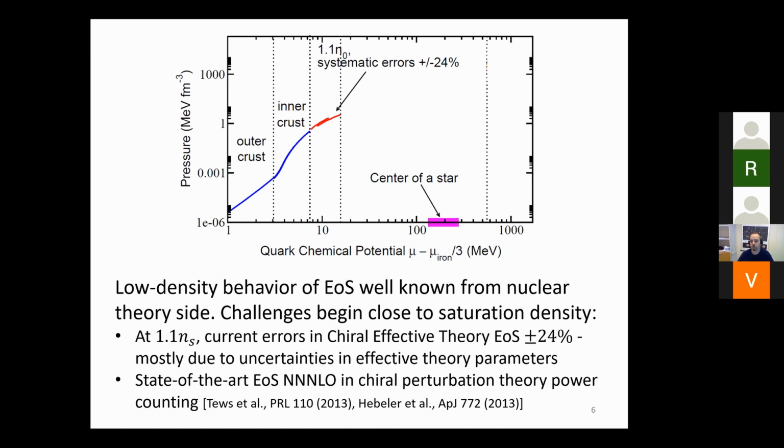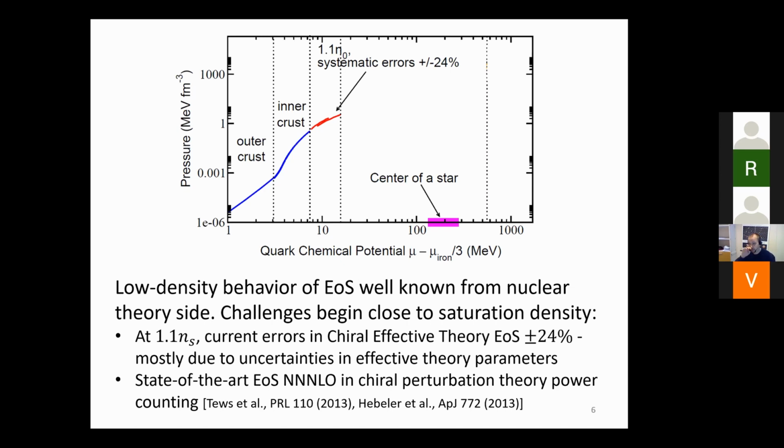These tools have provided us with accurate information on the neutron-star-matter equation of state, here shown as the pressure of beta-equilibrated zero temperature neutron star matter as a function of the quark chemical potential, offset by 1/3 of that corresponding to iron 56. And what we see here is that we have a very accurate prediction up to densities of the order of the nuclear saturation density, where the current errors are perhaps of the order of plus minus 20% or so.